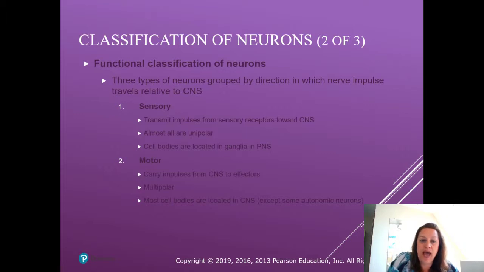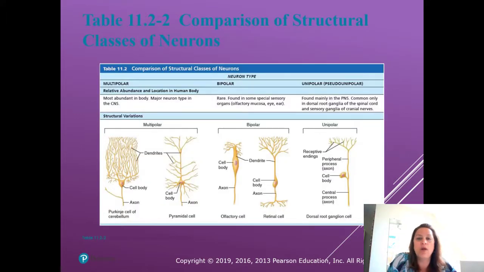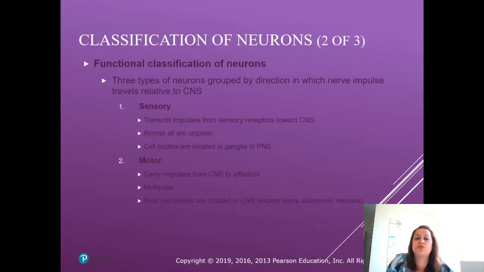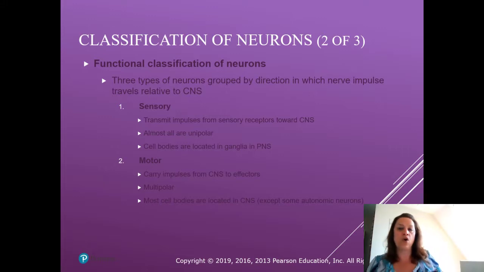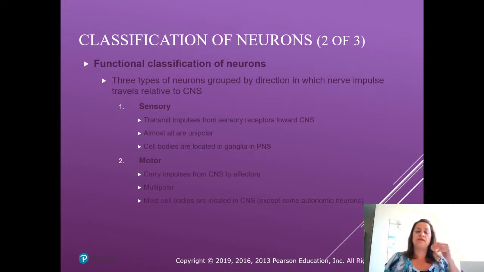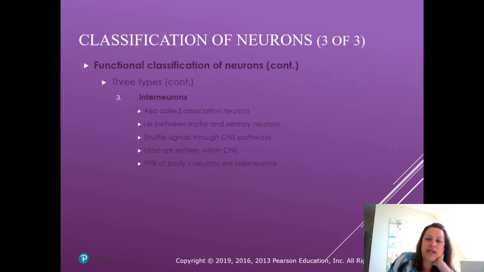So we have multipolar, bipolar, and unipolar in terms of structure. Now we have functional differences. We have some neurons that are strictly sensory, where the nerve impulse travels strictly sensory. We have motor, strictly motor. And then we have what's called an interneuron. They shuttle signals throughout the central nervous system.